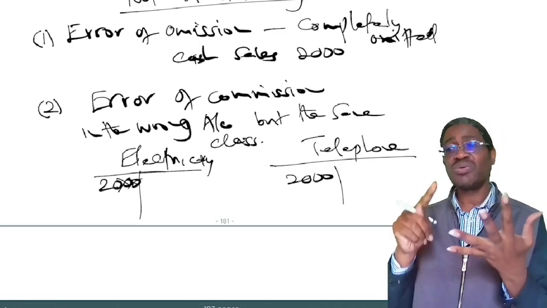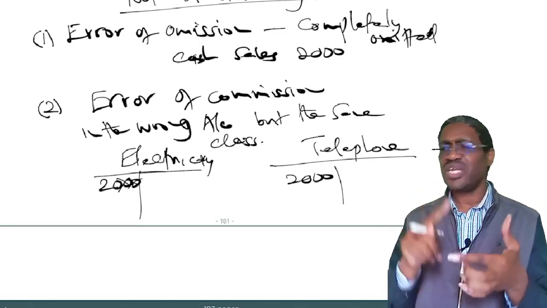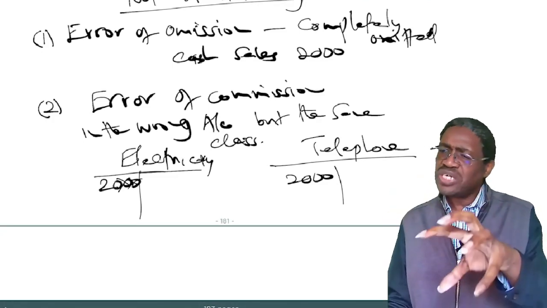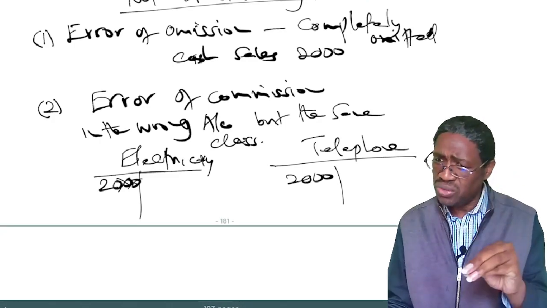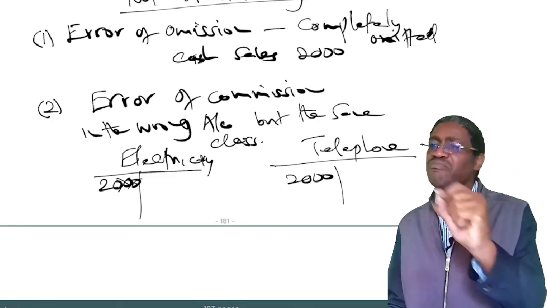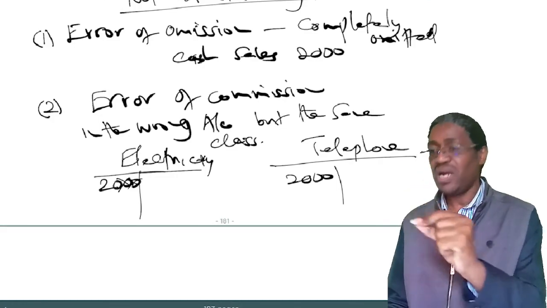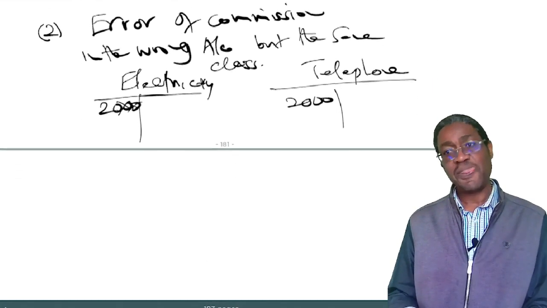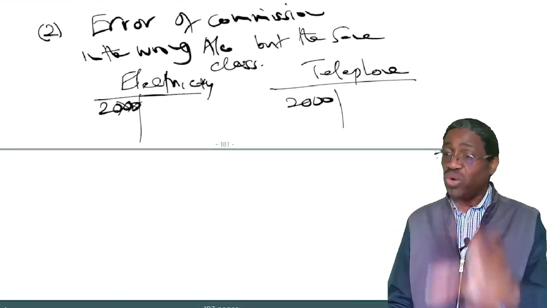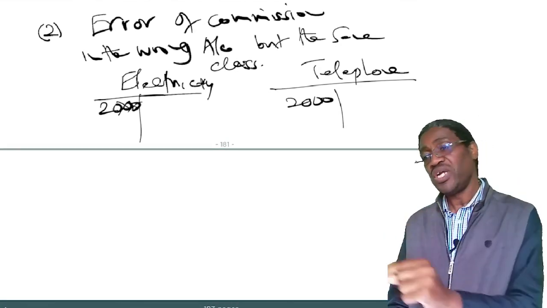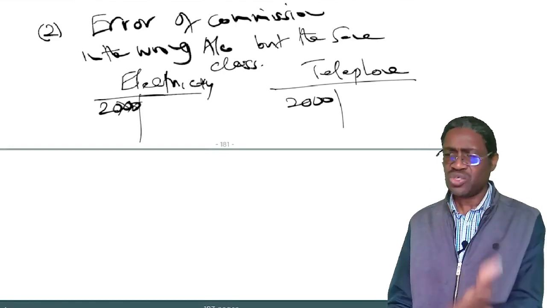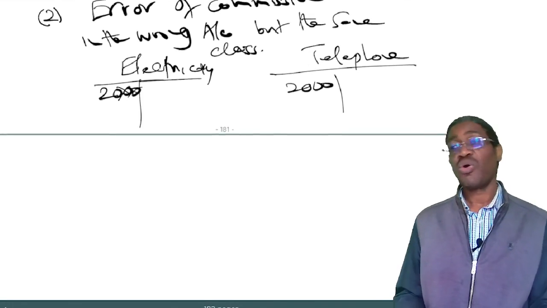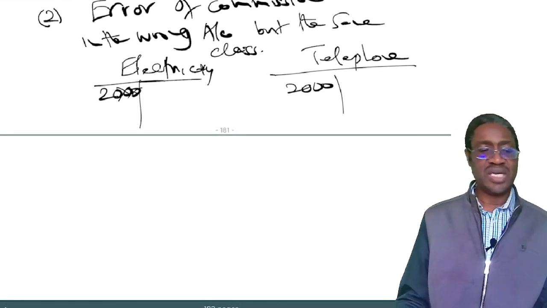So where you record a transaction in the wrong account, but of the same class, the trial balance will still balance. I've given you an example where electricity paid is recorded in the telephone account, or a purchase of motor vehicle recorded in the machinery account. That's an error of commission.